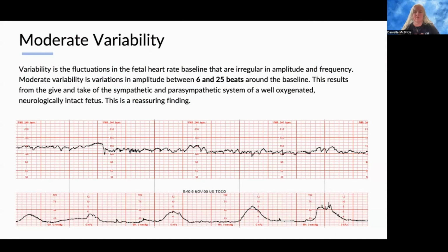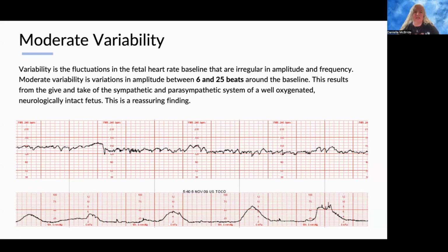Today we are going to review fetal heart rate variability and reactive and reassuring fetal heart tracings. To start to understand variability, we need to think about what variability is.